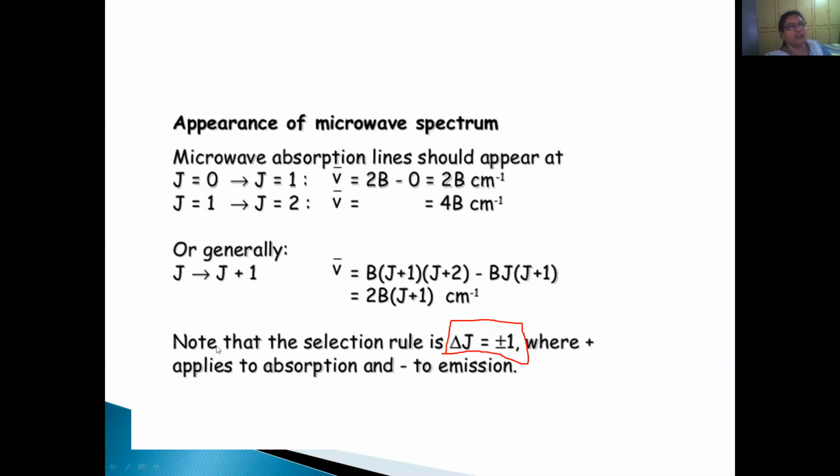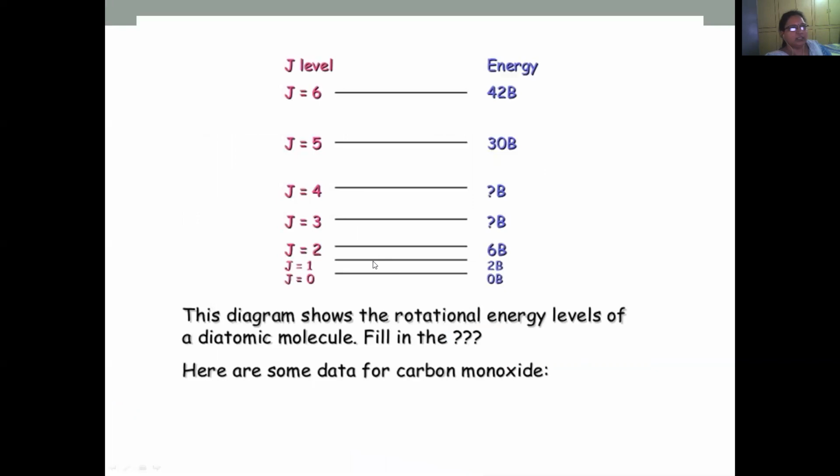Note that the selection rule for this is delta J equal to plus or minus 1, where plus applies to absorption and minus to emission. That means it goes from one energy level to the adjacent energy level, that is from 0 to 1, or 1 to 2, or 2 to 3, not from 0 to 2.